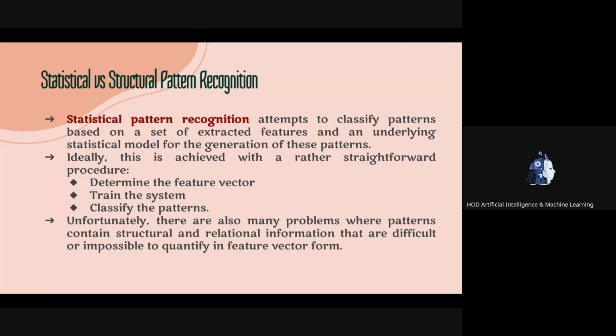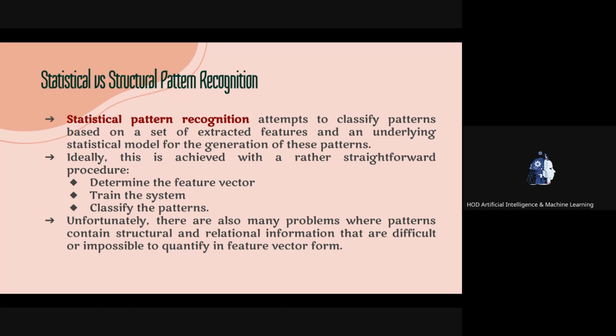So it attempts to classify the patterns based on a set of extracted features and an underlying statistical model. So here is where we talk about the mean, median, standard deviation, variance, and covariance, and any other similarity metrics. So that is where this statistical model is all about, for the generation of these patterns.